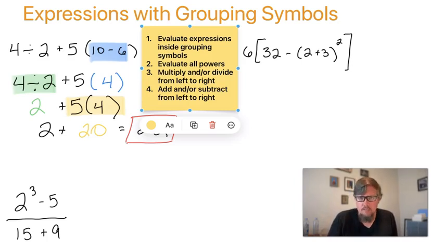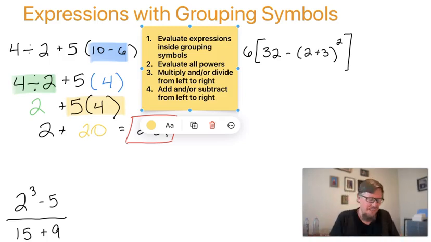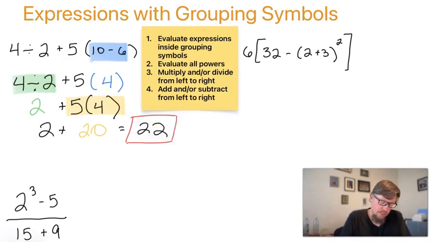So when you've got two sets of grouping symbols, the one that you do first is the innermost set. Usually it's going to be parentheses. Parentheses are going to be the innermost set, and then brackets, and then there's a special kind of curvy bracket if we needed to go out a third layer. But in this case, we are going to start with the 2 plus 3 because that is the innermost set.